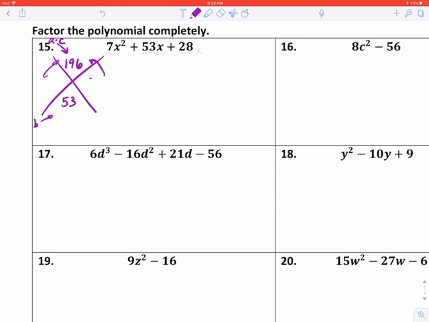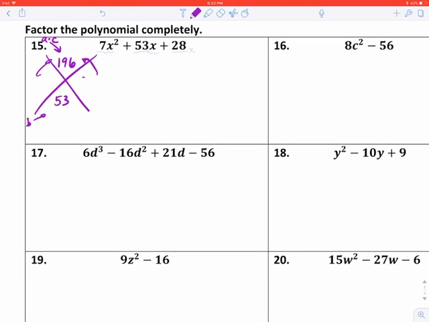Now, I don't really want to list out all my factors of 196, but if the one that we have to use doesn't immediately come to you, you may have to start writing out some of the factors and then see if something works. For example, factors of 196 could be 1 and 196.